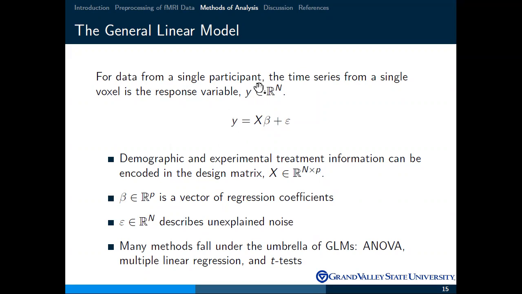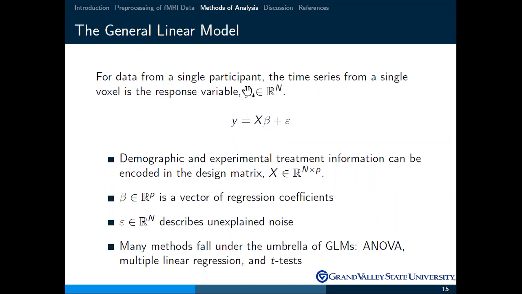We're supposing this voxel signal is a linear function of different demographic characteristics or treatment information, which can be encoded in this design matrix X. We have P columns in this design matrix containing information that we're regressing out. Inference is conducted on beta to see if demographic or group membership information is important in the voxel signal.